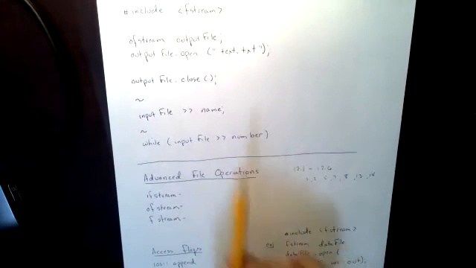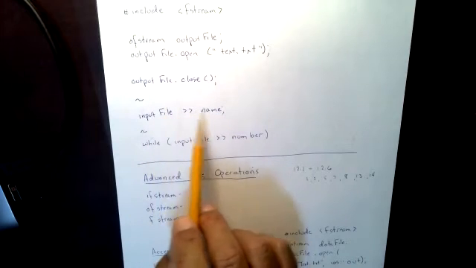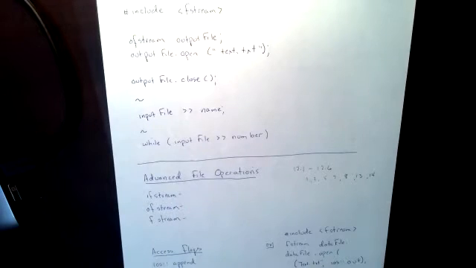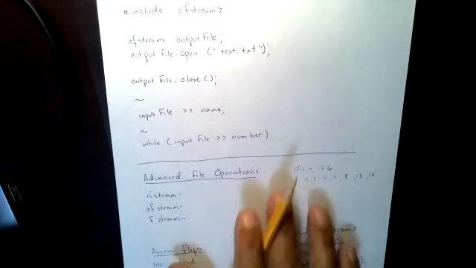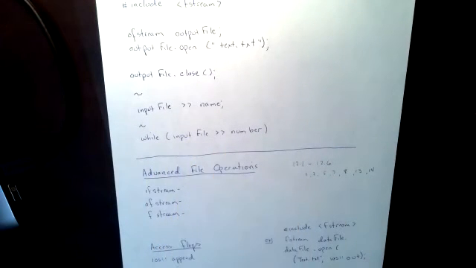Again, a quick review. If I had opened it for input, we would input using a simple name such as inputFile, the greater-than symbols, and a variable name. We also did something we liked, where we did while inputFile, which kept reading values in until it reached that invisible end-of-file marker. You don't see it, but it's in there.